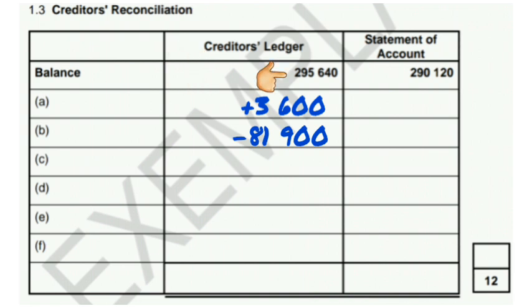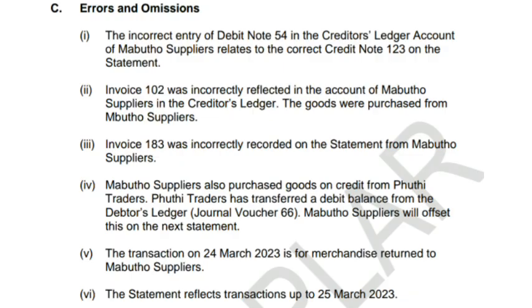So when you look at that balance of 295,640, in it there is 81,900 that's not supposed to be there because this account is supposed to be for Mabuto only, and that one belongs to Mbuto Suppliers.